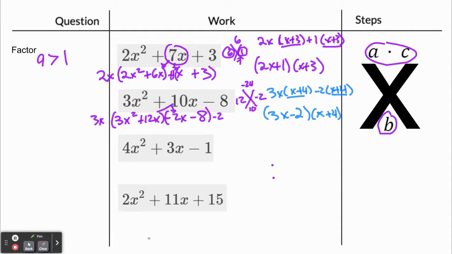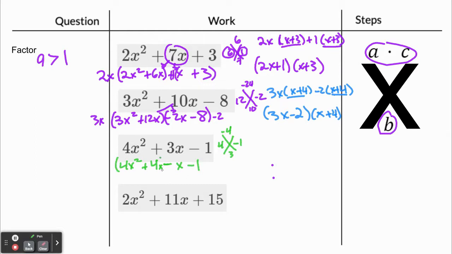So with this one here, I am going to multiply a times c to get negative 4. I'm going to add to 3, so I get 4 and negative 1, which makes my equation 4x squared plus 4x minus 1x minus 1.